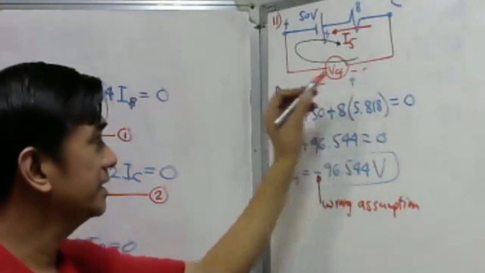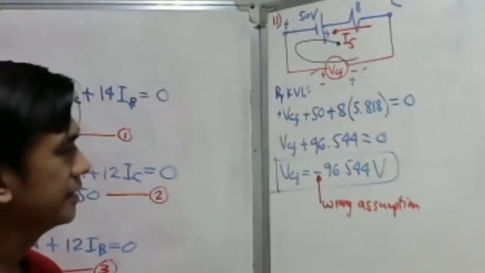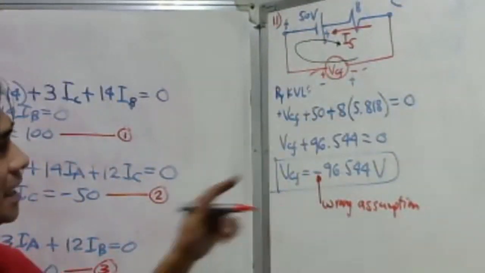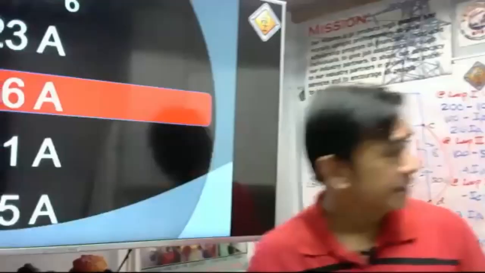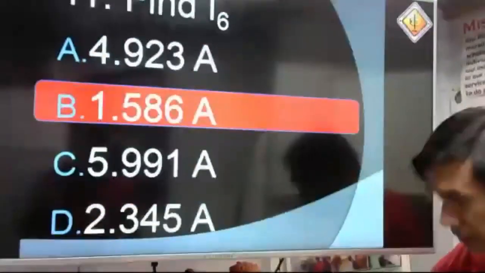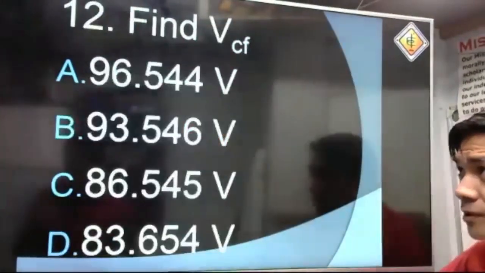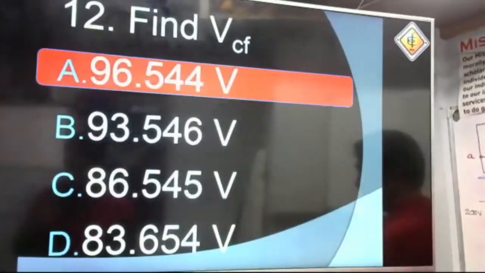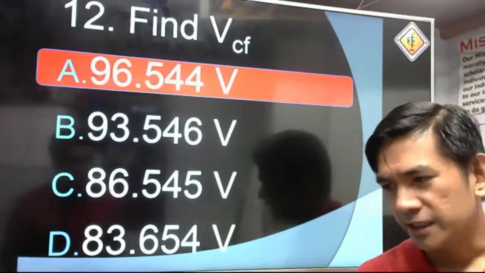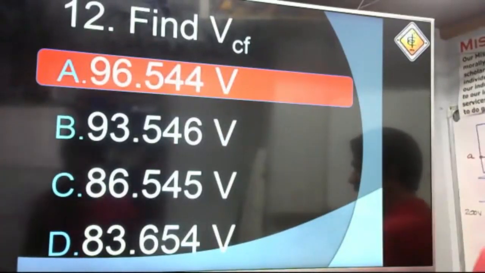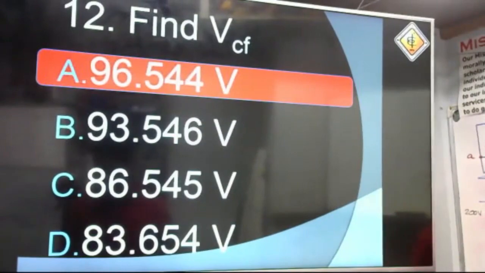If you got a negative, mali lang yung inassume mo. Okay, the answer for number 11 would be number 12, letter A. That is the answer. Okay, guys?